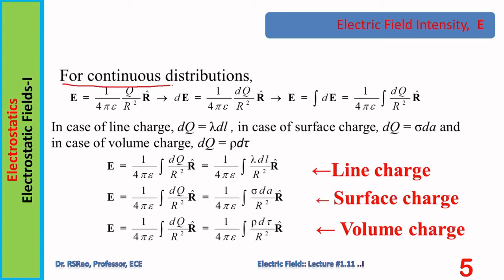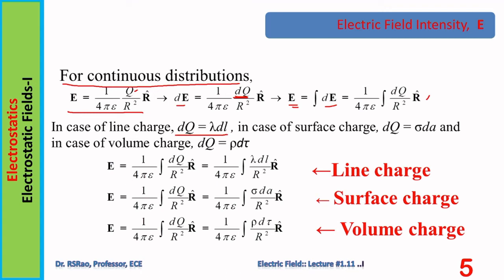For continuous charge distributions, to find expressions for fields, we consider the expression for field intensity due to a point charge Q. This is the expression. Already we have derived it. Now differential calculus: dE becomes dQ over 4 pi epsilon r square r cap. Now E becomes integral dE, 1 by 4 pi epsilon integral dQ by r square r cap. But in case of line charge, dq is lambda dl, as we have seen already.